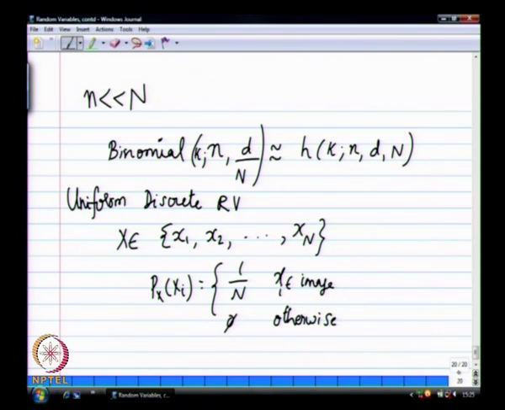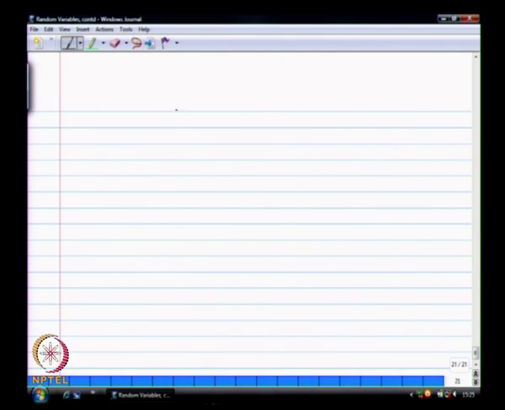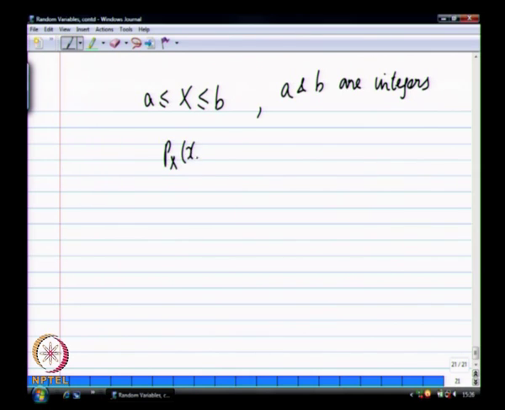The other form is where x can be anywhere between a and b, so from a to b everything is possible. How many items do you have in total? b minus a plus 1. So the probability will be 1 over b minus a plus 1. This is only integers; this is a discrete random variable.